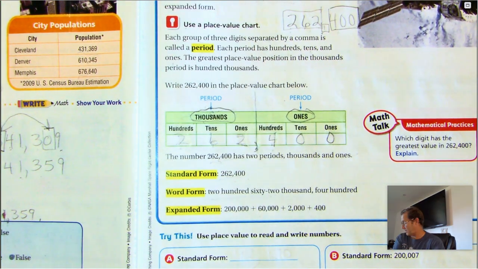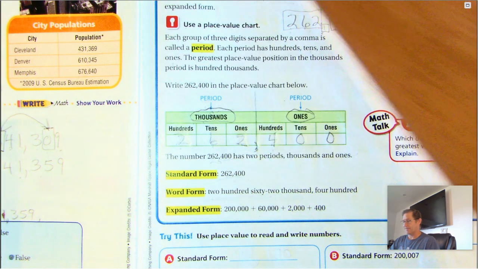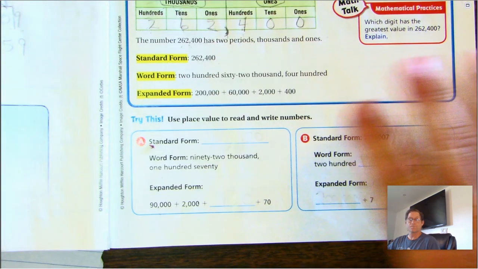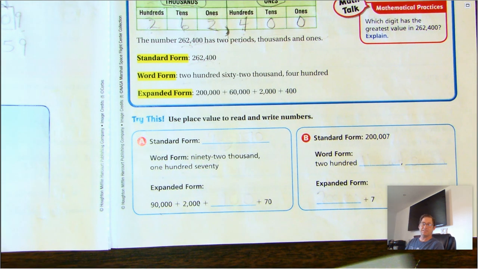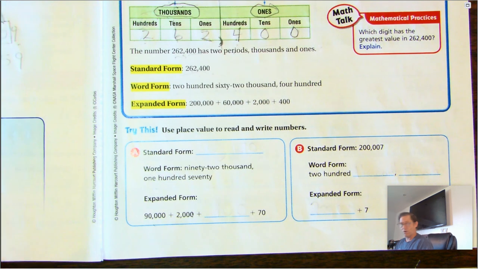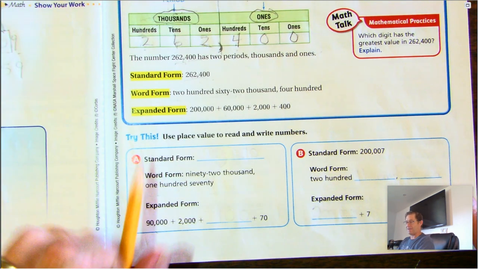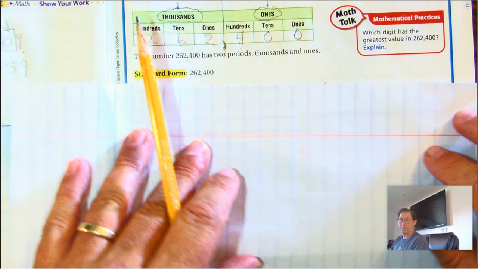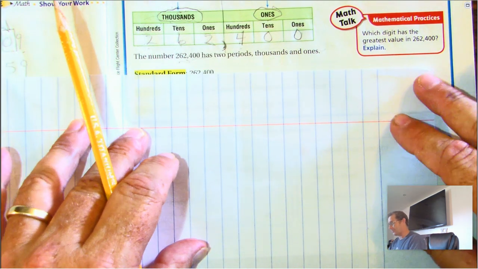In the try this section, it says use place value to read and write numbers. Since we only have this one little block for the place value chart, I want you to create your own again, like we did yesterday.